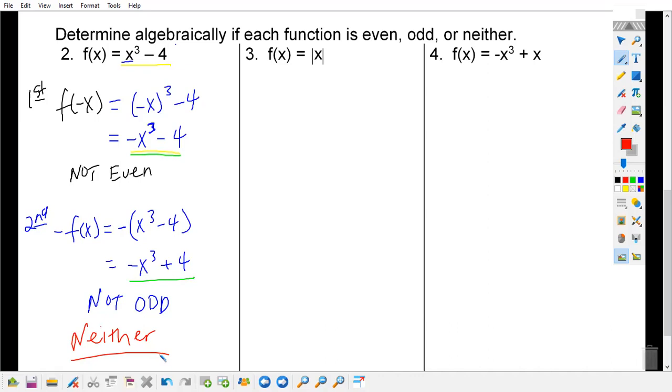Since it says plus 4, that would be plus 4 times x to the 0. And x to the 0 is even, and you can't mix the two together. It's neither. Yes, but you don't want to test every single possible number in your domain.